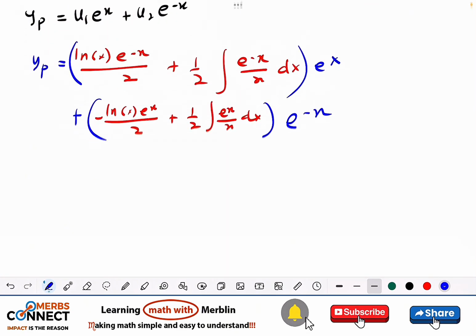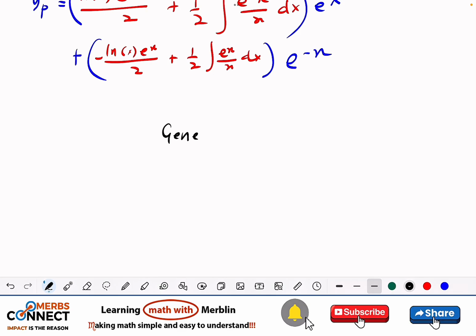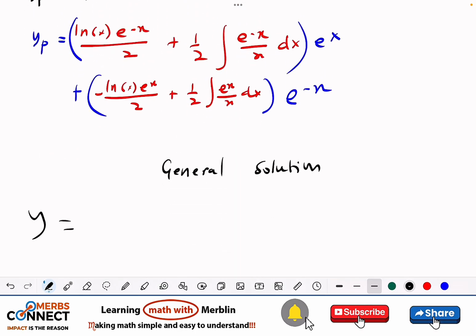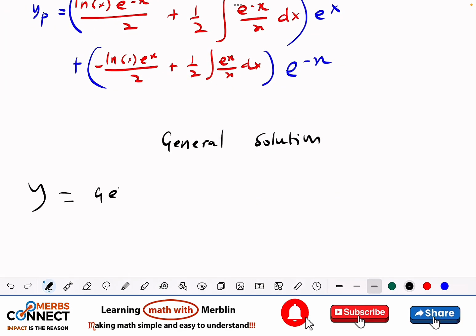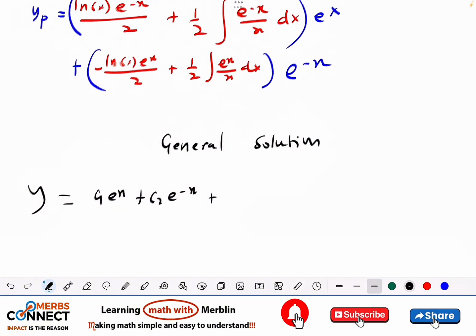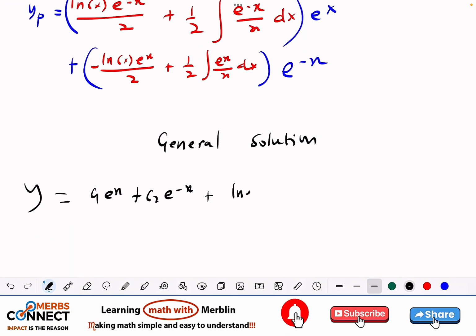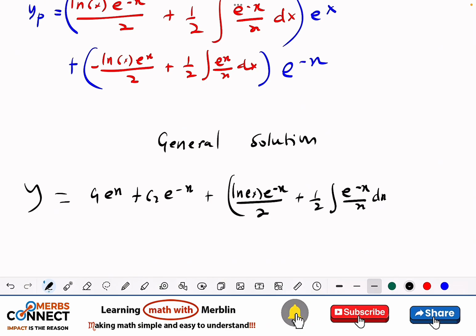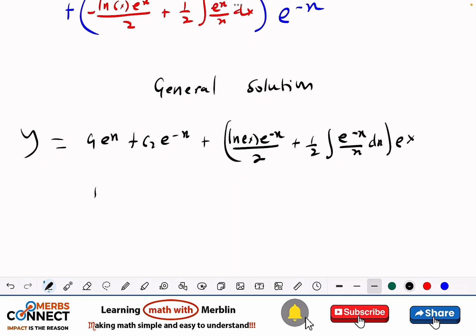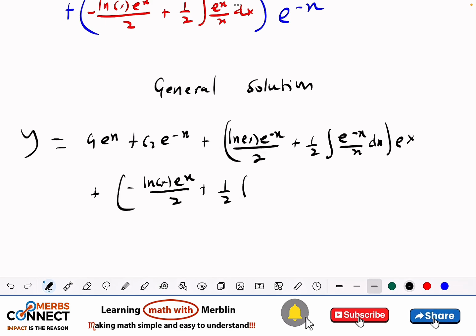So our general solution is basically going to be y is equal to c1 e to the power x plus c2 e to the power minus x plus the particular solution here, which is ln of x e to the power minus x divided by 2 plus 1 over 2 integration of e to the minus x over x dx times ex, plus minus ln of x ex divided by 2 plus 1 over 2 ex divided by x dx times e to the power minus x.